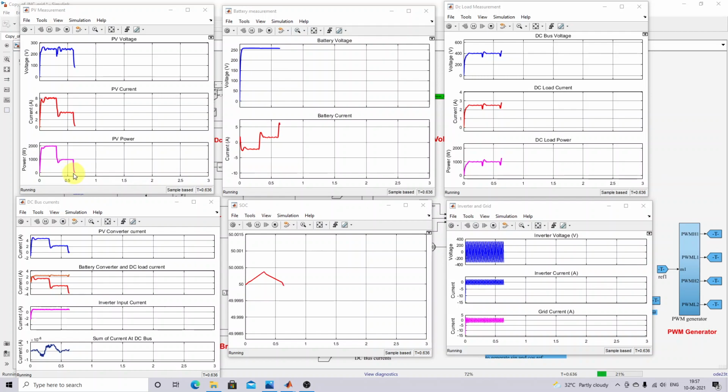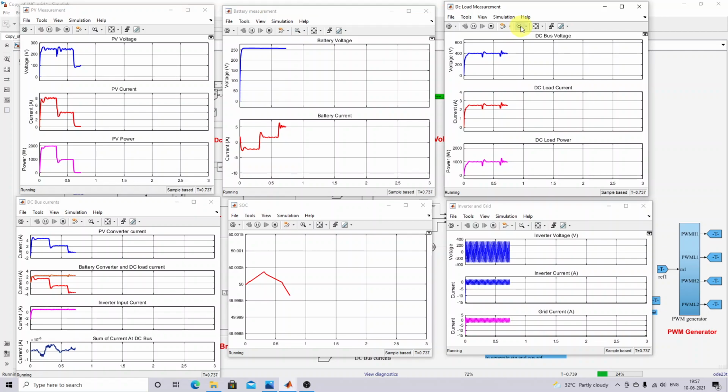So that means the PV power goes to 0. Because the PV power goes to 0, the battery is discharging at a higher current. Initially it discharged at nearly 1.5 amps. Now it is discharging at around 5 amps, because the battery is only supplying the power to the DC load as well as the grid.